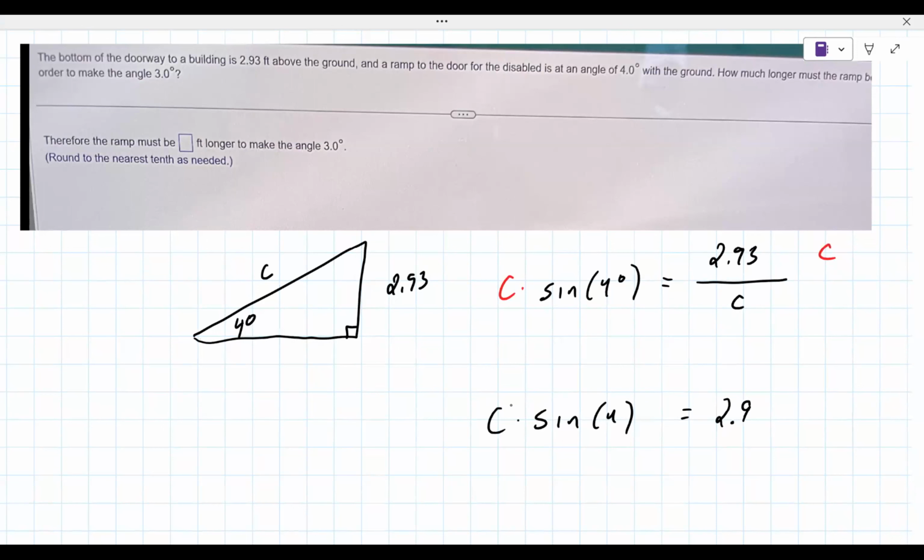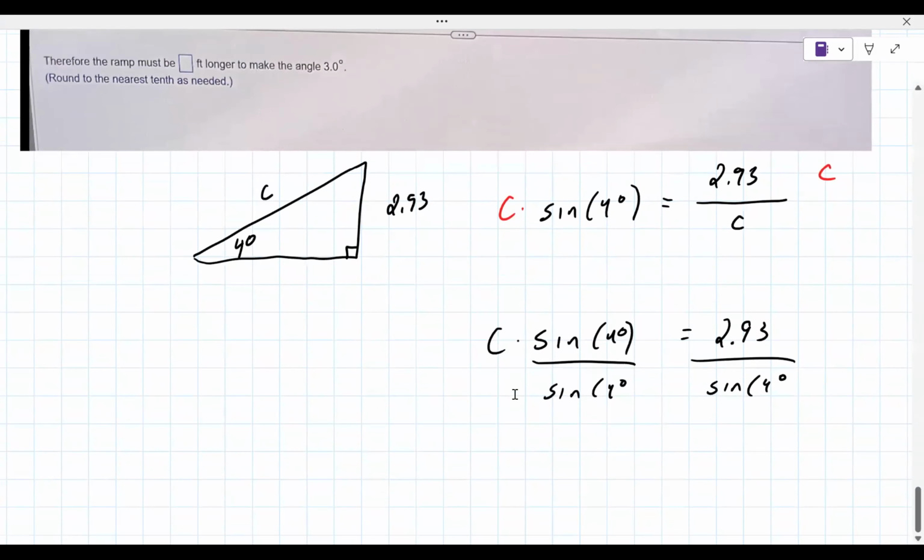What you end up doing is effectively just swapping positions. So you'll see that the C is now on the left and the sine of 4 degrees is on the bottom.